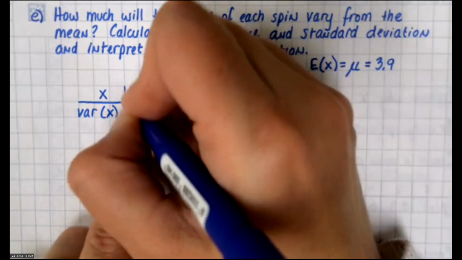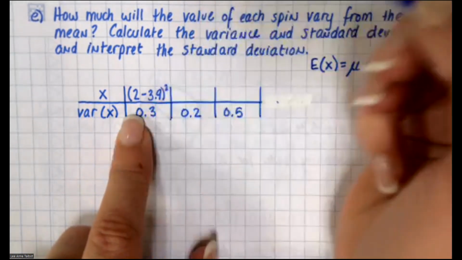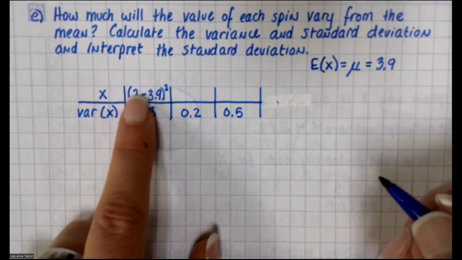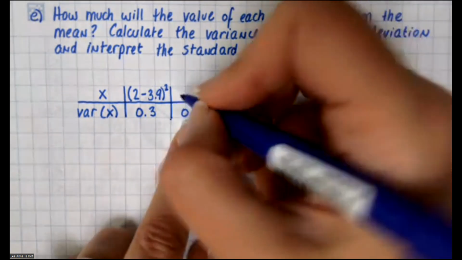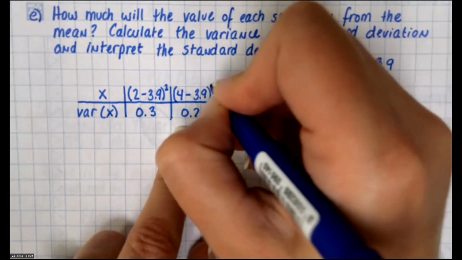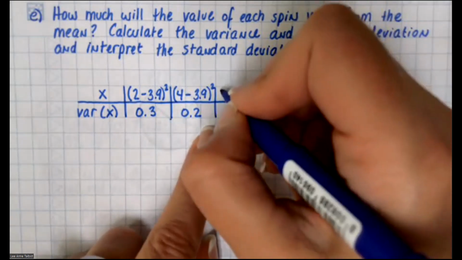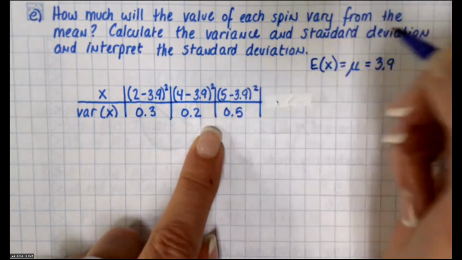So what you put here is 2 minus 3.9 squared. Value minus the mean squared. So this one's going to be 4 minus the mean squared. And this one is 5 minus the mean squared.